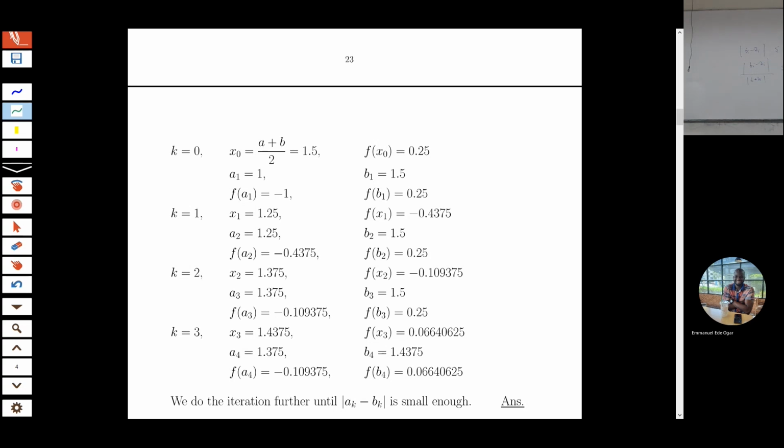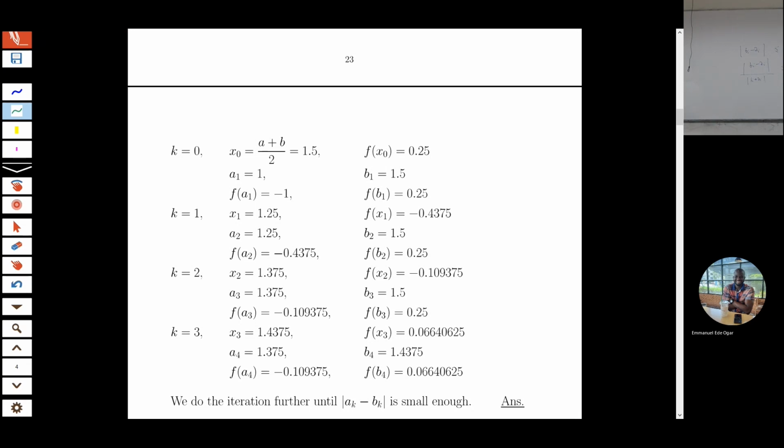Then we set b1 as x0. So a1 is a0 and b1 is x0.